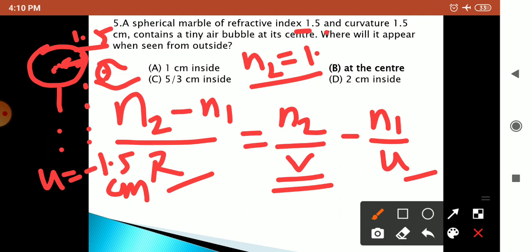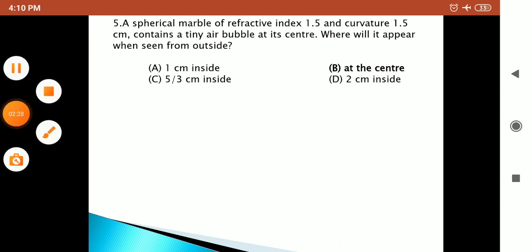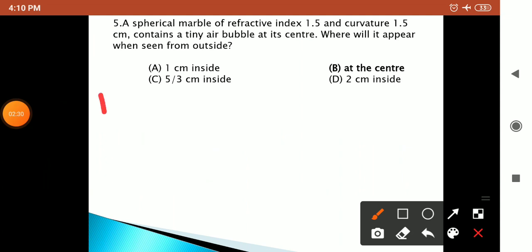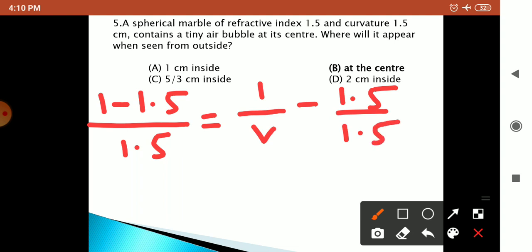By putting all the values in the formula, we get n2 which is 1 minus 1.5, that is n1, upon 1.5, the radius of curvature, is equal to n2 upon v, that is 1 upon v, minus n1 upon u, where n1 is 1.5 and u is 1.5.